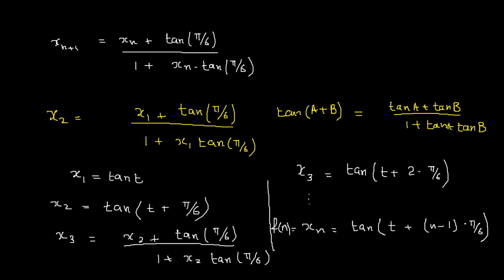So how can we do this? We use the periodicity of the tangent function, and we will see what to add to n to repeat itself. You can think of this f of n, or even write it as xn. So let me write it again. xn is tangent of t plus n minus 1 times pi by 6.